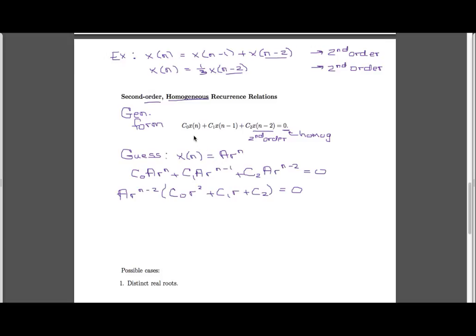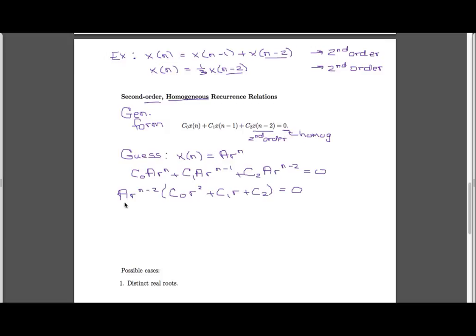And that will always be a solution to this second order homogeneous recurrence relation, because no matter what n is, you'd have 0, 0, 0. Three zeros added together is 0. So that is a potential solution. It's the trivial solution. It's not very interesting. We know that it's a solution, so we're concerned with finding non-trivial solutions.